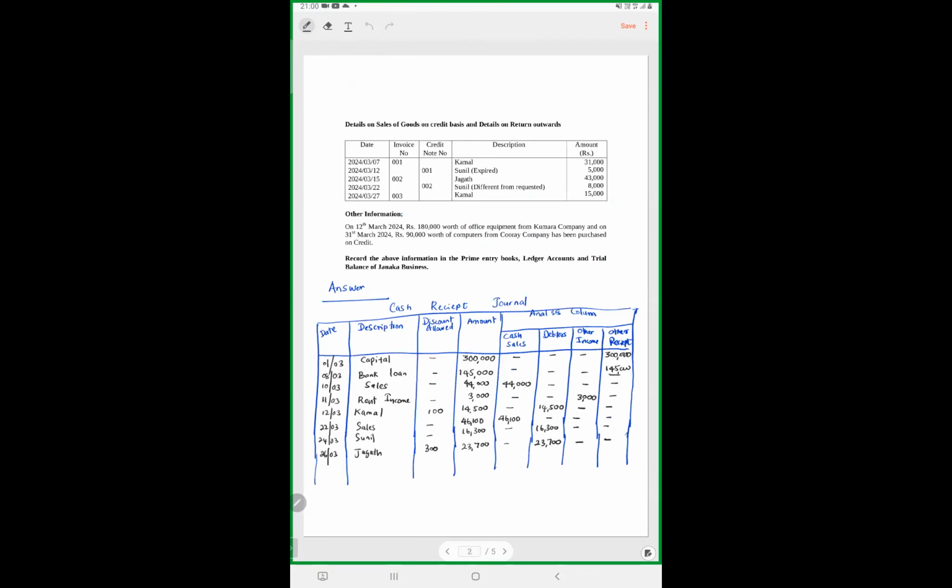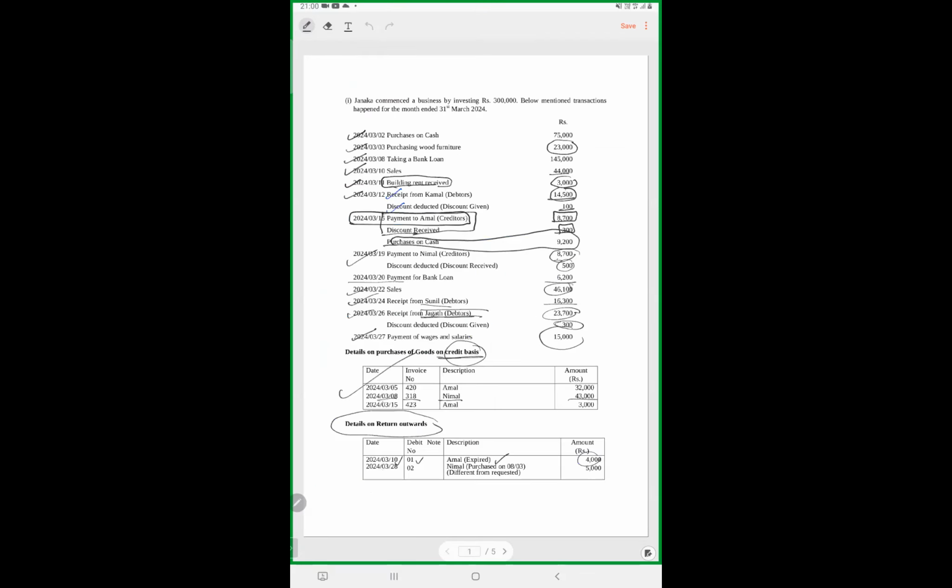And next one, March 28th, debit note number 2. We have returned to Nimal. The reason is purchase on 8 March different from requested, the amount is 5,000.